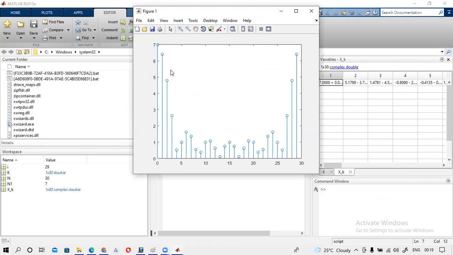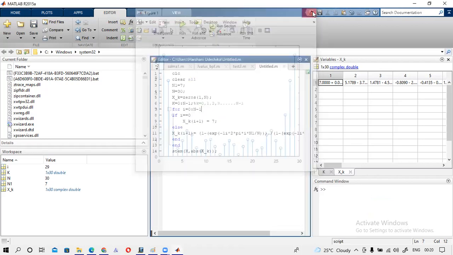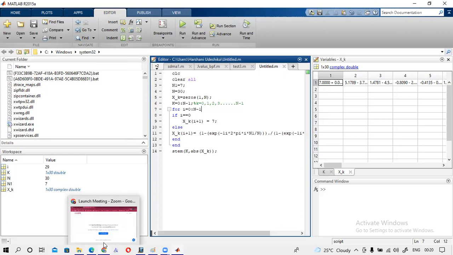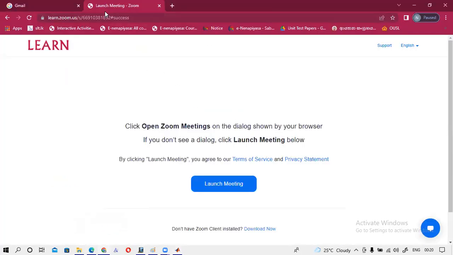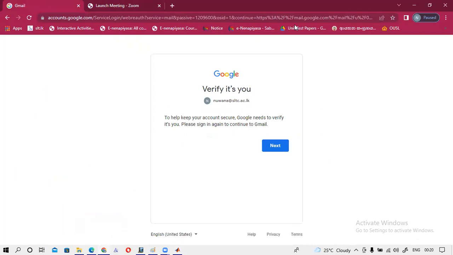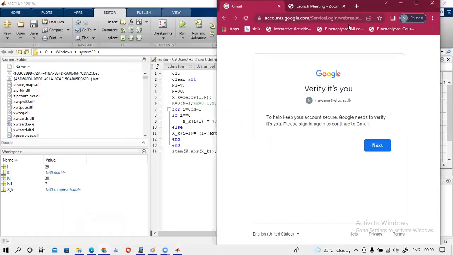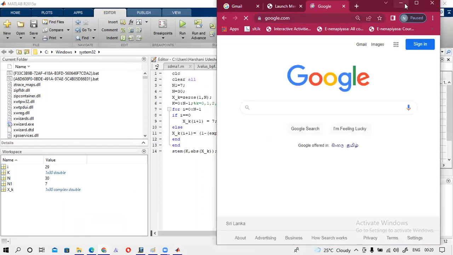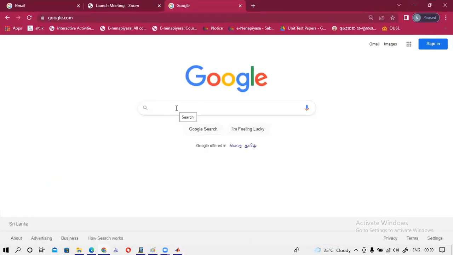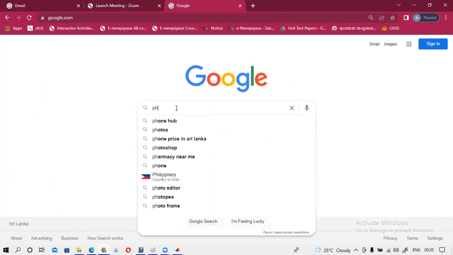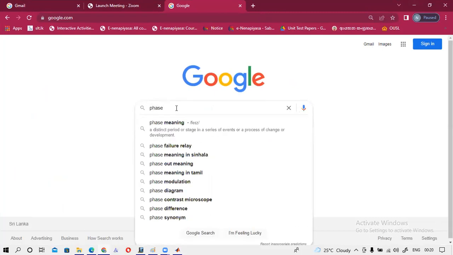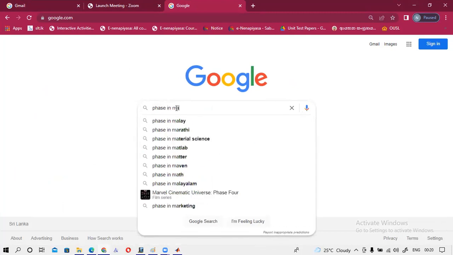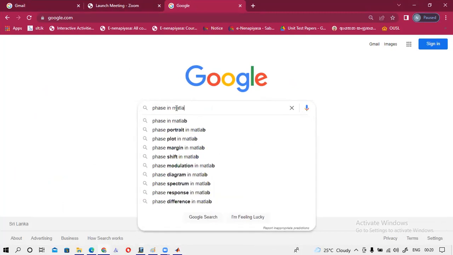Let's see. Okay, now you can see that we have 7. So we get the magnitude plot. And if you want to plot the phase plot, you can use the command. I can't remember. I think it is angle or something. Let me check. You can go to Google, Matlab or something.